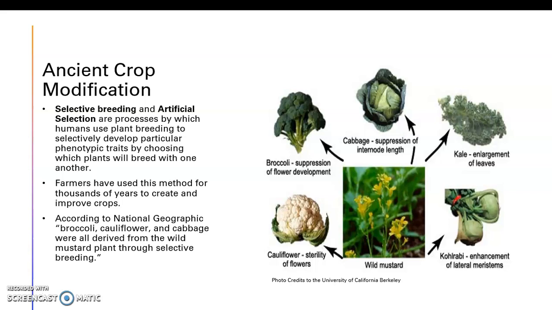The wild mustard and the cabbage were naturally bred to give us a bigger cabbage head. The same with the kale. It was also selectively bred with the wild mustard to give us the large leafy kale leaves.